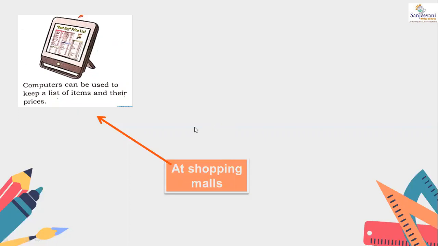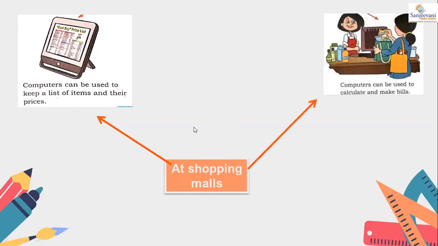The next use is that computers can be used to calculate and make bills. You must have seen it in DMart. Whenever you go to Big Bazaar, there you have a computer, and the person over there makes a bill using a computer. So computers are used for calculating and making bills.